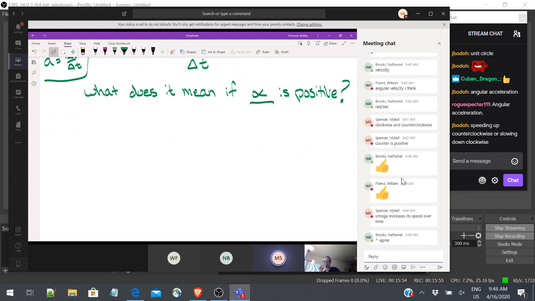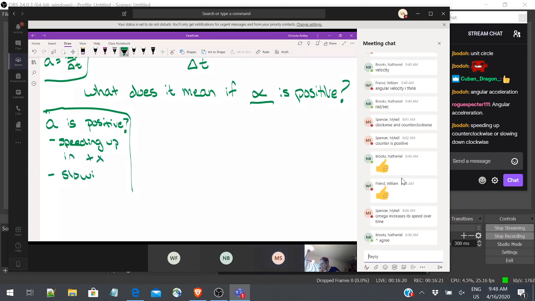John over in the Twitch stream has a better idea. So remember, what about regular acceleration? If A is positive, does that mean it's speeding up? It could be speeding up in the positive x direction, or it could be slowing down in the negative x direction.